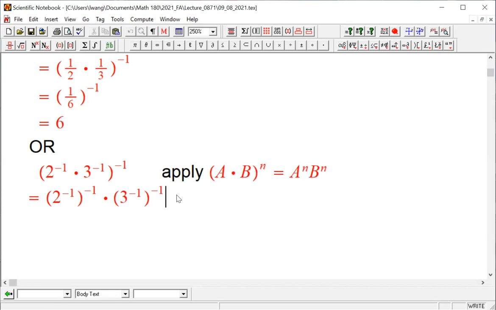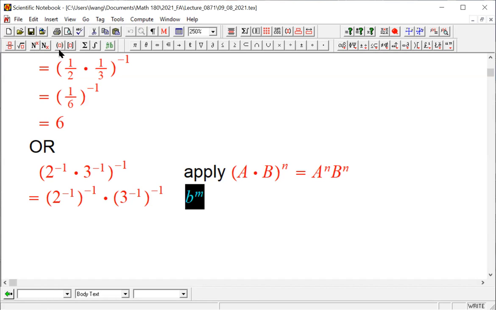Now, one more property that we can apply, which is very convenient to use, is that if you have b to the power of m, and then to the power of n, not multiply, what would that be? B to the power of m times n.